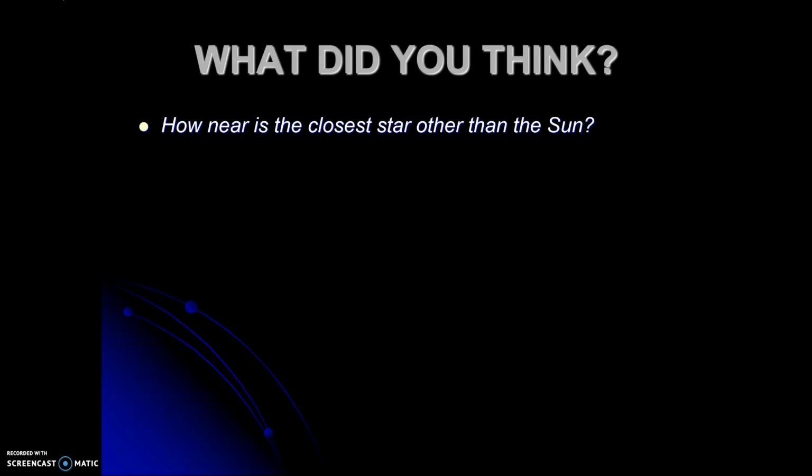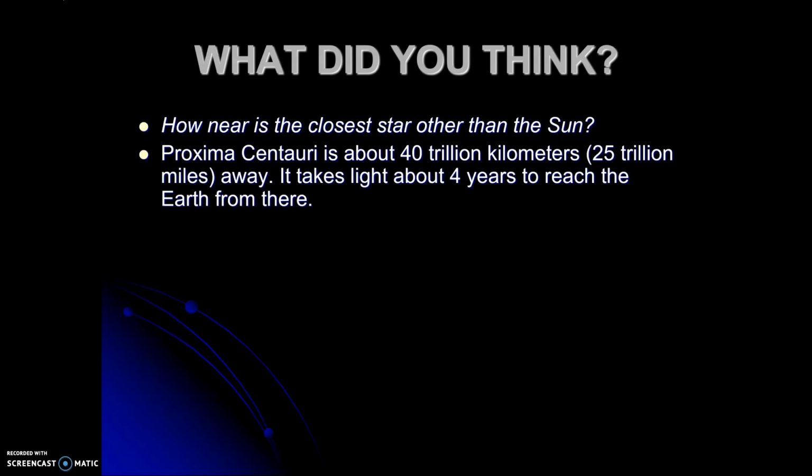Just going to review again, how near is the closest star other than our sun? The closest star to our sun is Proxima Centauri, and that is about 40 trillion kilometers or 25 trillion miles away. It takes light about 4 years to reach the Earth from there.